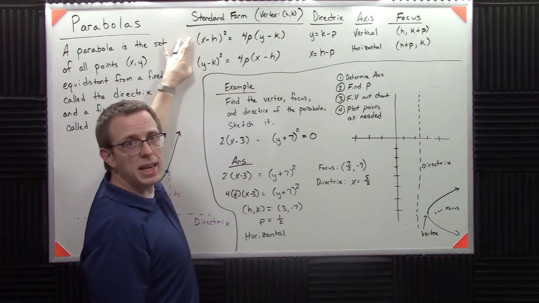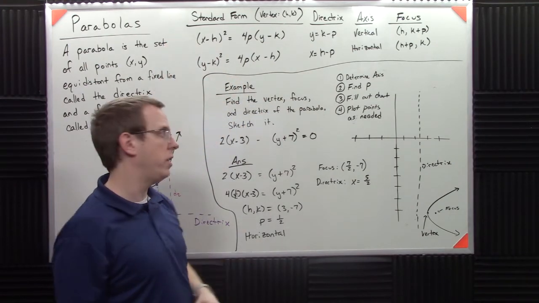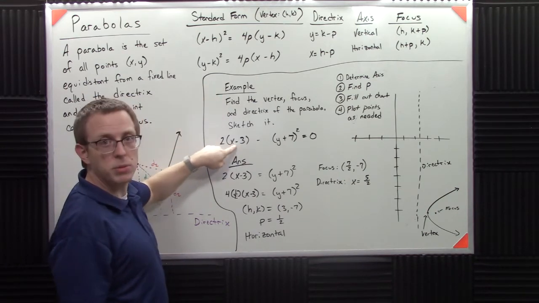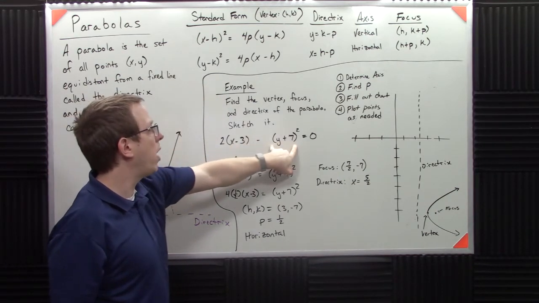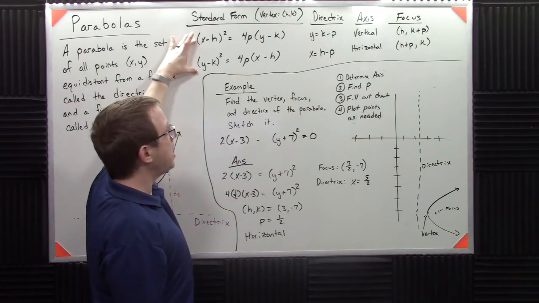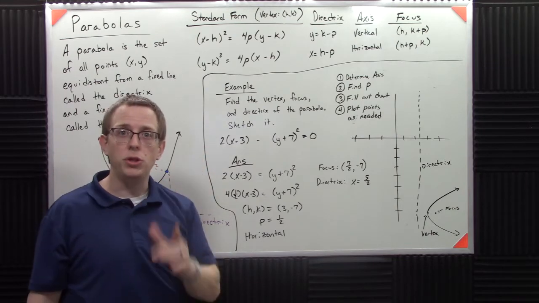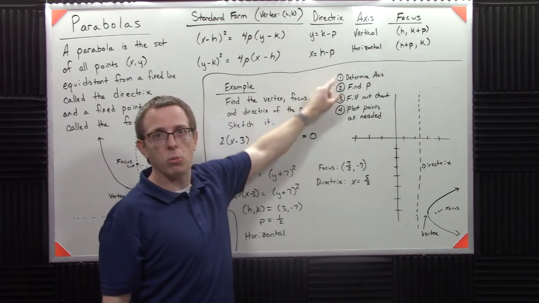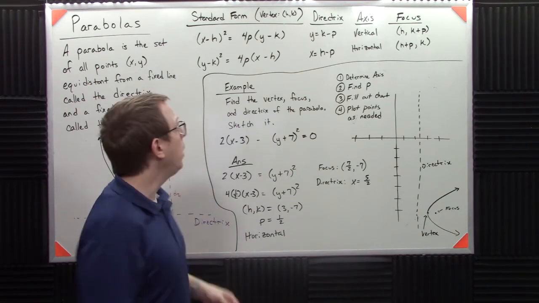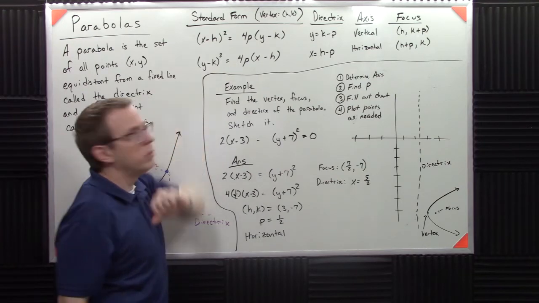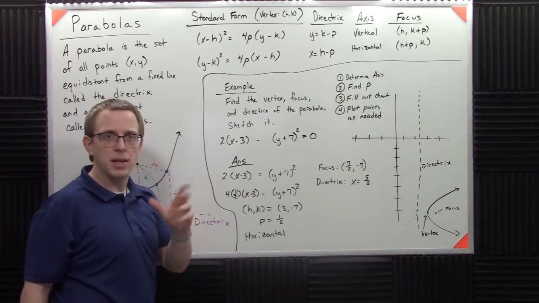So you need to get it in this type of form if it's not already there. So, for instance, if I have 2 times x minus 3 minus y plus 7 squared equals 0. Well, that's not in either of these forms. But what I do know is that the y term is squared. So I know I'm dealing with a horizontal parabola. So I've got to get some term times x minus h.